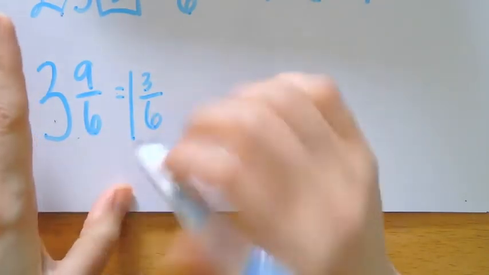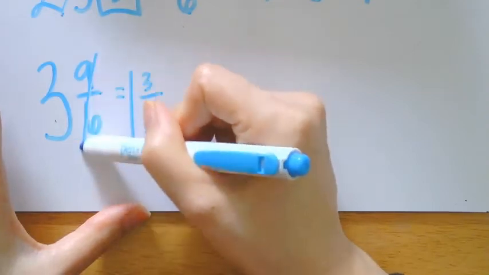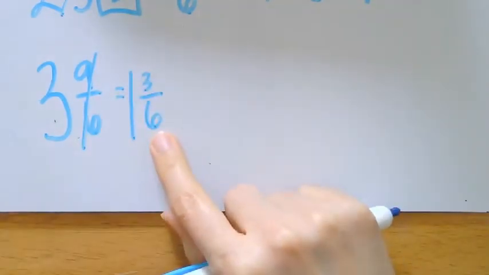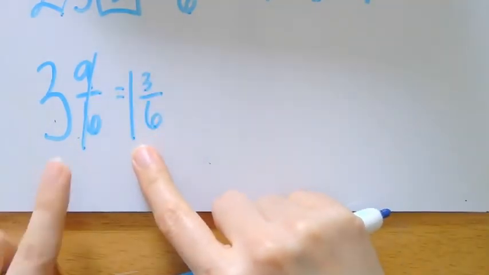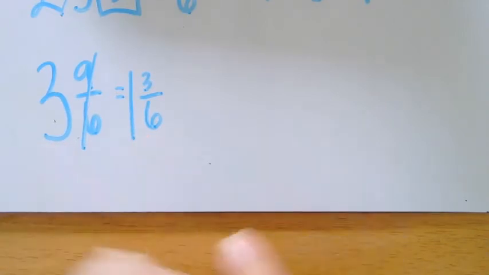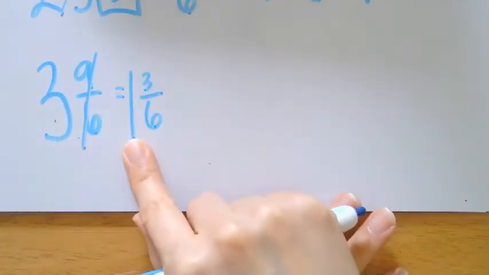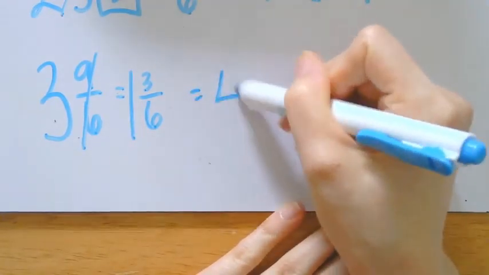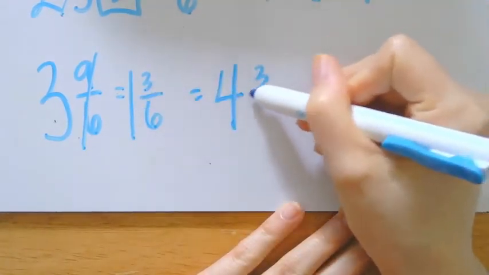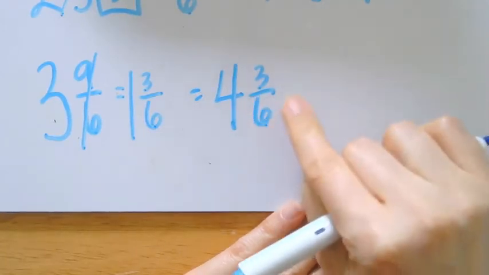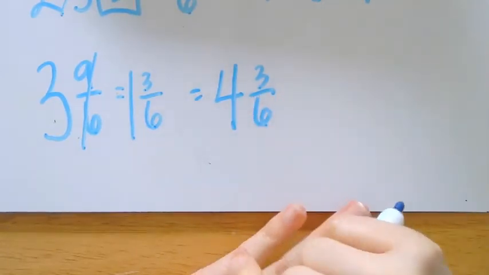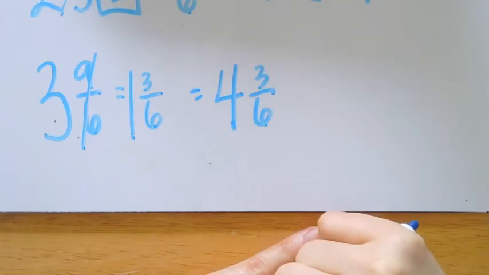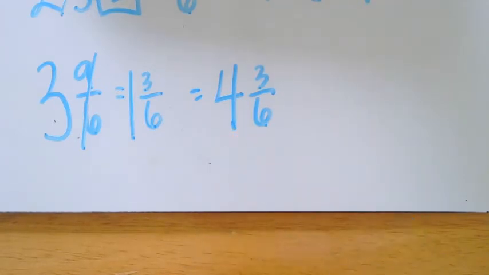So if I take my 9/6, which now transforms into 1 3/6, I still need to add these two together. 3 plus 1, because those are the only two whole numbers, is 4. Nothing happens to that fraction now because it's already in proper mode. So now we have 4 3/6.